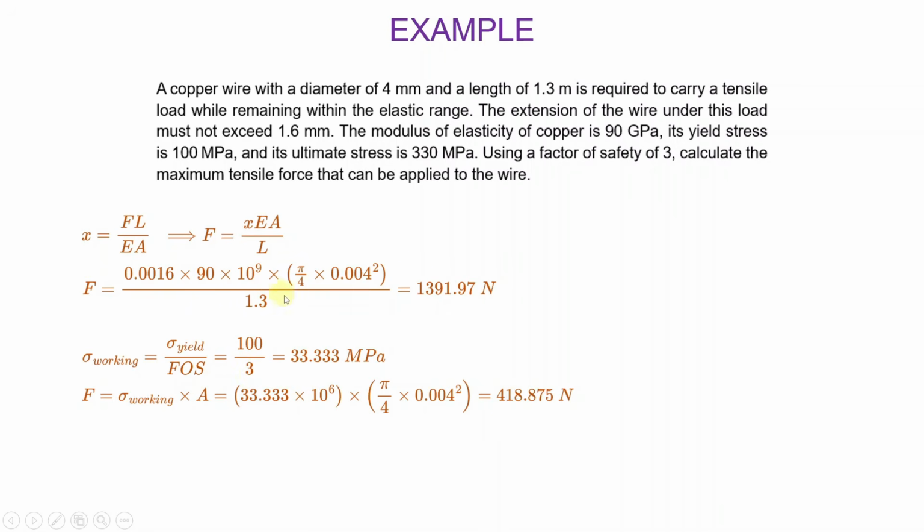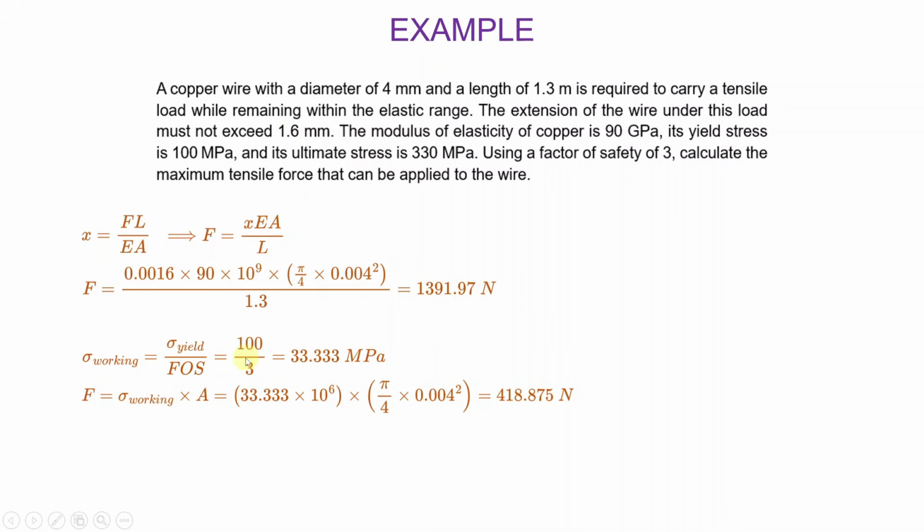And also the elongation is going to be smaller than 1.6 because the force is smaller than that force. We do not want our elongation to be greater than 1.6. For that to happen, our force must be lower than this, and this here is lower than that.